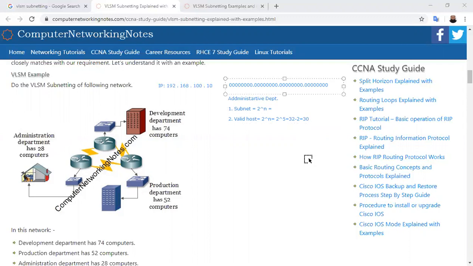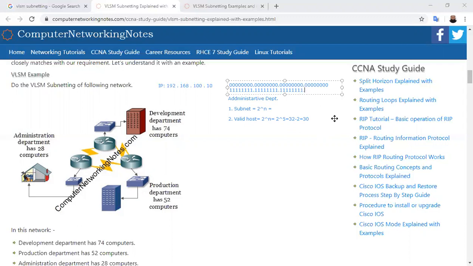So now, how many off bits become 1? By default, 1 to 8, 1 to 8, 1 to 8. But this is a C class IP, so by default the first 3 octets will all be 1.